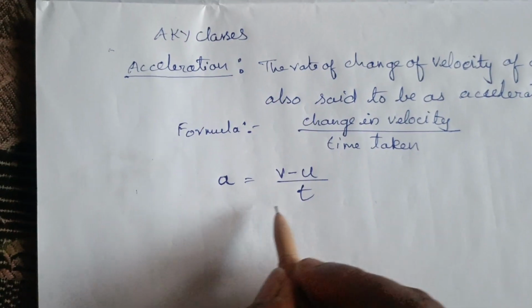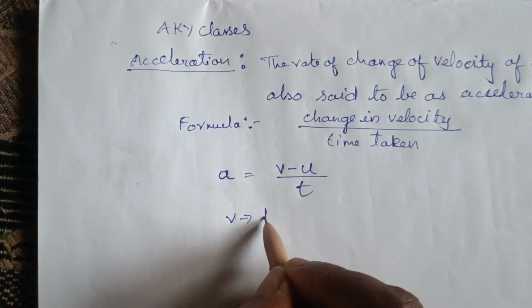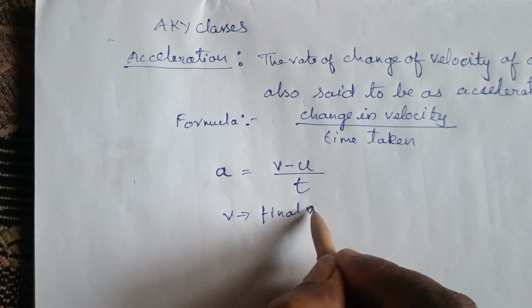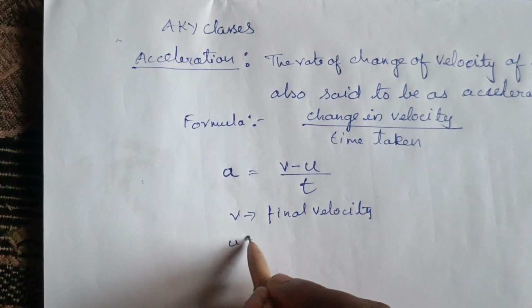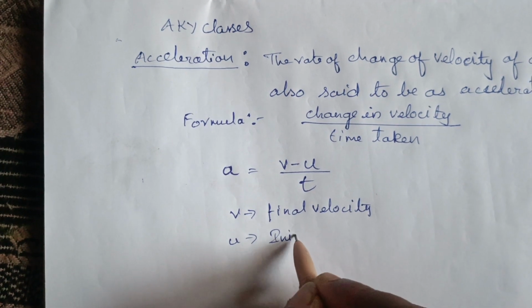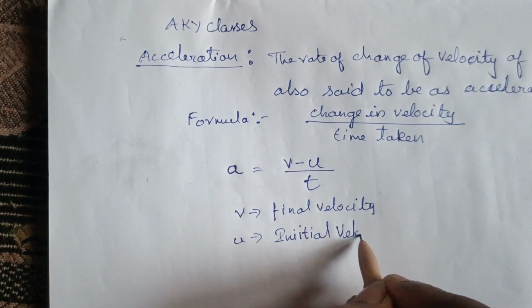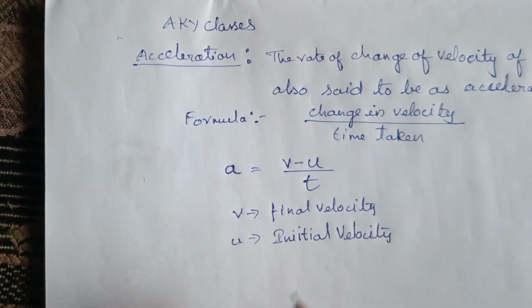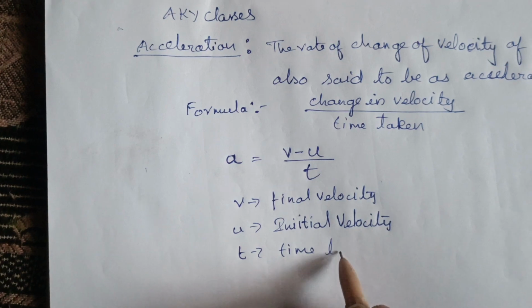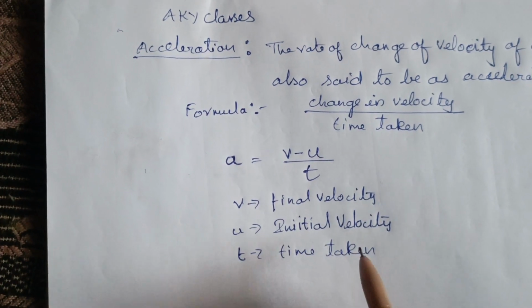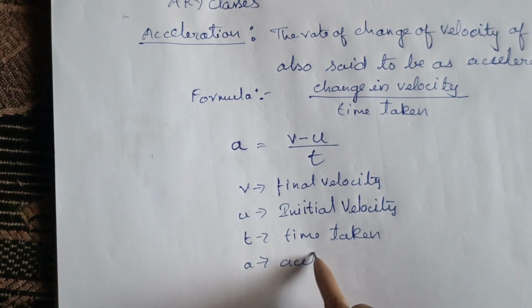Here v is the final velocity of the body, u is the initial velocity of the body, and t is the time taken. So a is the acceleration.